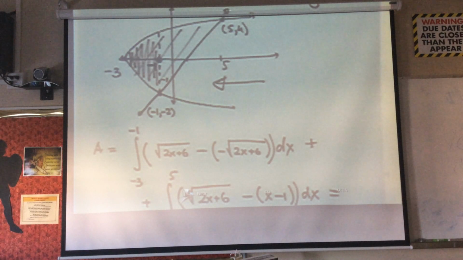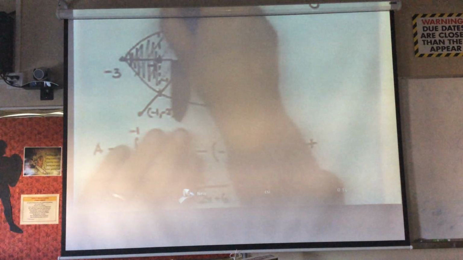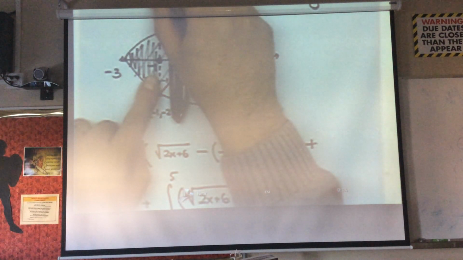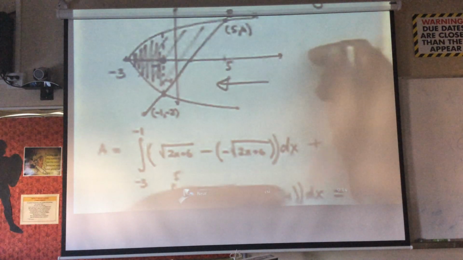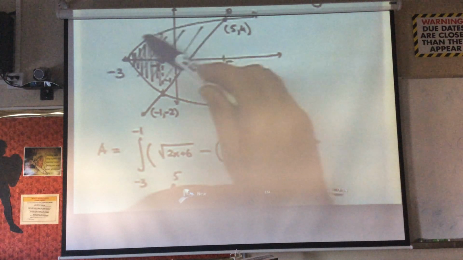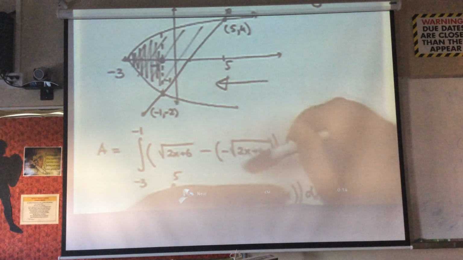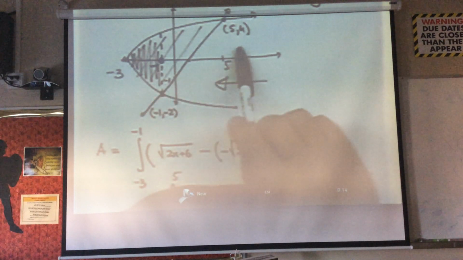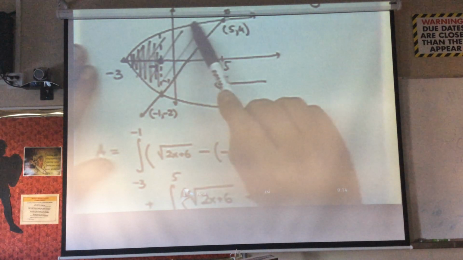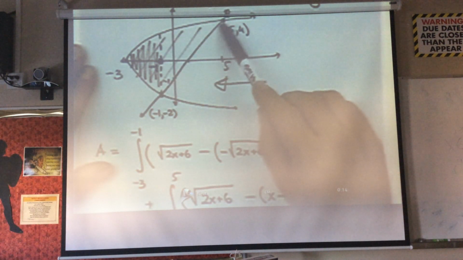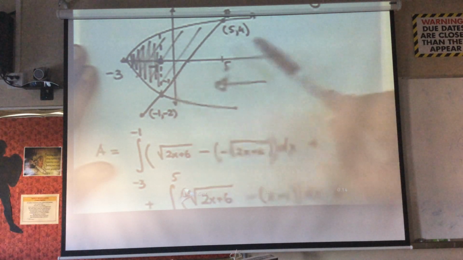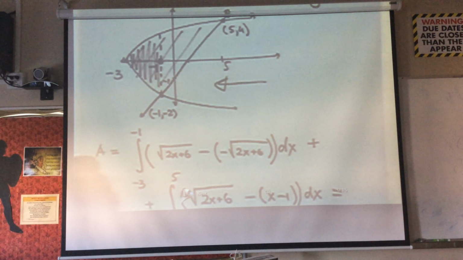We have to split this. So we have to split the integral from -3 to -1, and that's what we have right here. So we have the top minus the bottom one. And then moving to the right, you still have the same curve on the top, but this time minus the line.